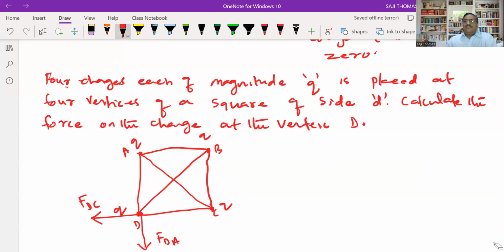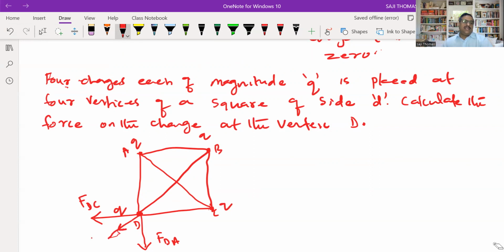Now one more charge at B will exert a force along the line BD, right?